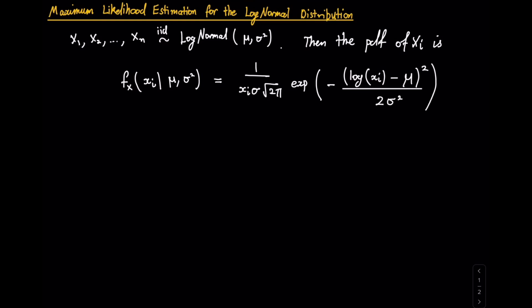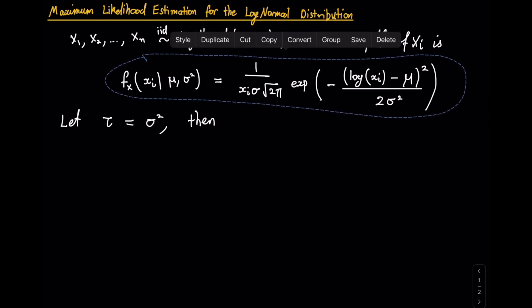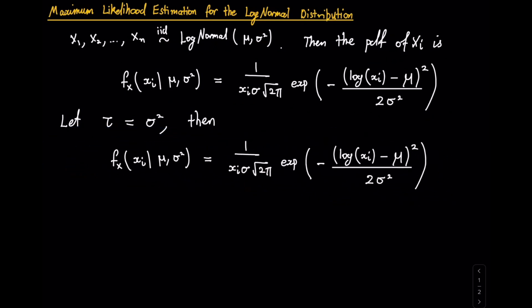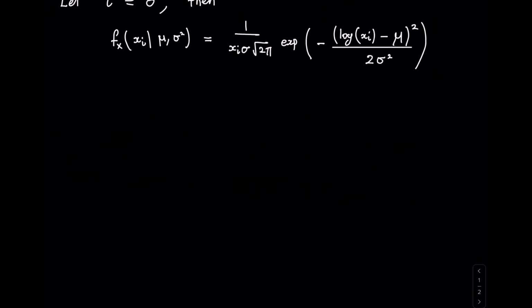Now, alternatively, we can write it in this form, and this form will be easier just to do our computations. I'm going to say let tau equal sigma squared. Then we can rewrite our probability density function in the following way.